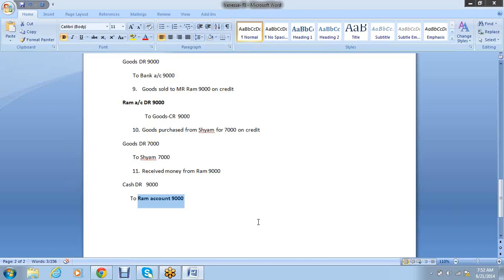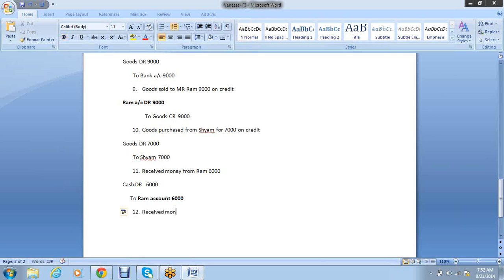In this example, let's say he has given me only 6,000 rupees. Earlier I have a debit of 9,000. Now I will give a credit of 6,000. That means he still has to make a payment of 3,000. So in the future there will be another entry.